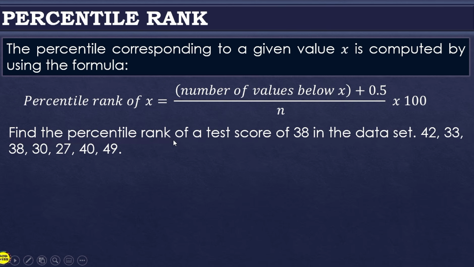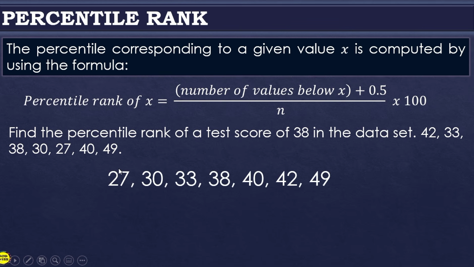So, find the percentile rank of a test score of 38 in the dataset 42, 33, 38, 30, 27, 40, 49. Okay? So, ilan yan? 1, 2, 3, 4, 5, 6, 7. So, nandito si 38. Tinatanong kung pang ilang rank to, no? Ano yung percentile rank nitong 38.